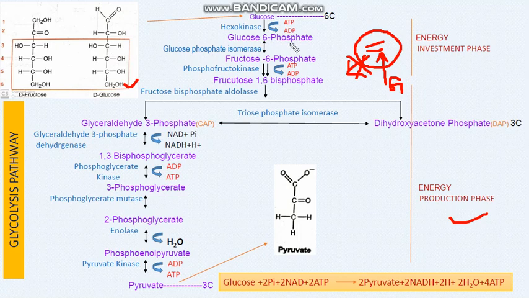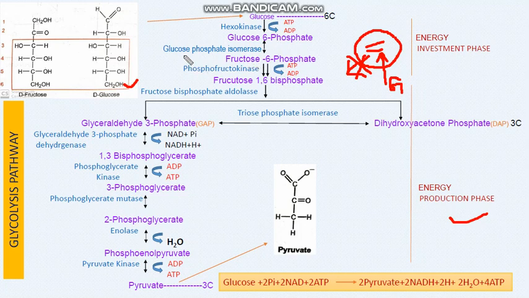The phosphate is transferred from ATP to glucose, and the glucose 6-phosphate is retained within the cell, preventing its escape from the cell.